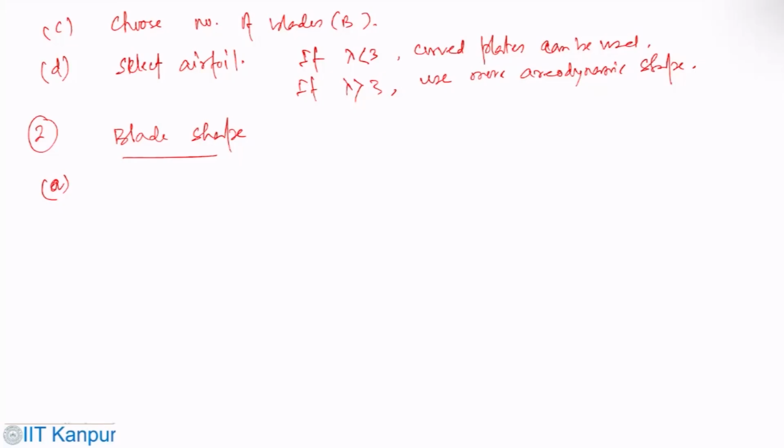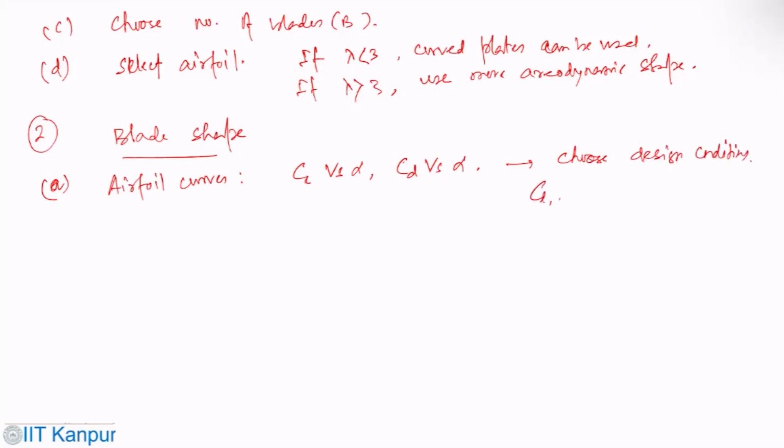So essentially you need these airfoil curves, that means CL versus alpha, CD versus alpha, and then we need to choose the design condition, that means CL design and CD design, such that CD design by CL design is minimum at each blade section.